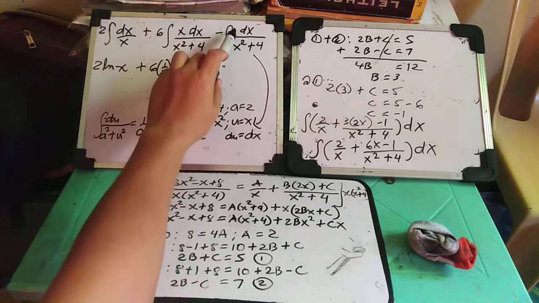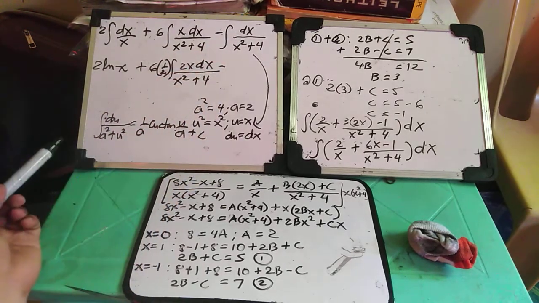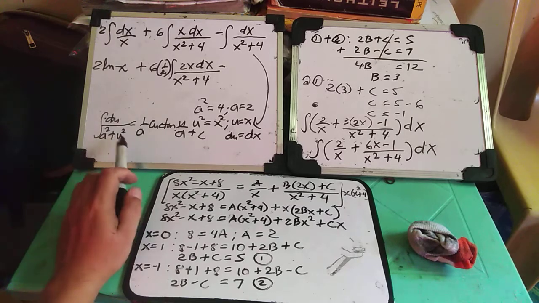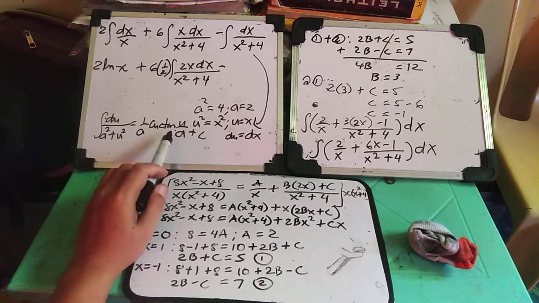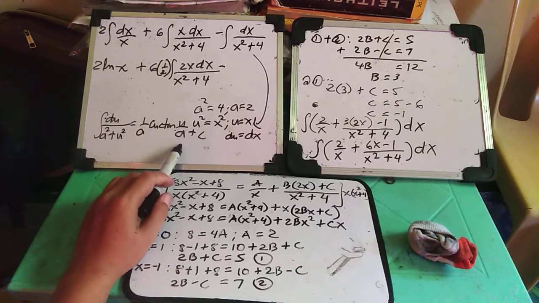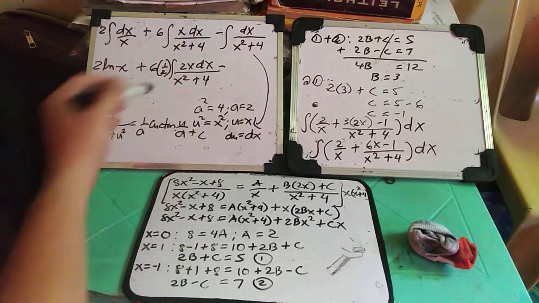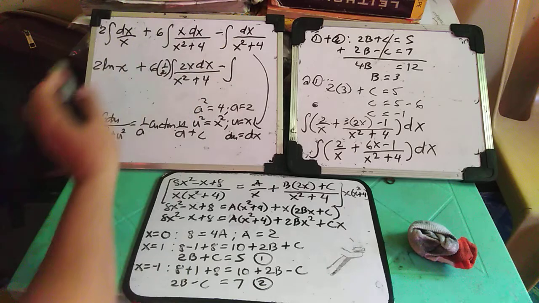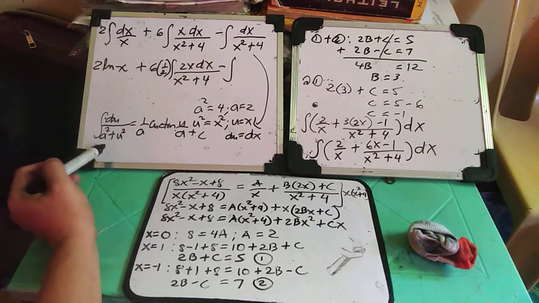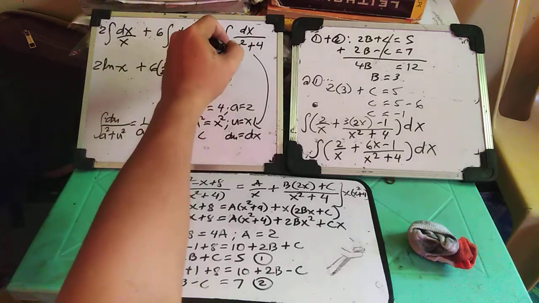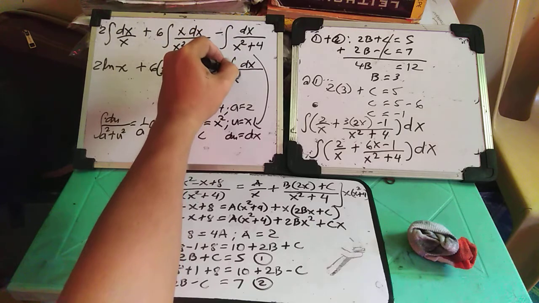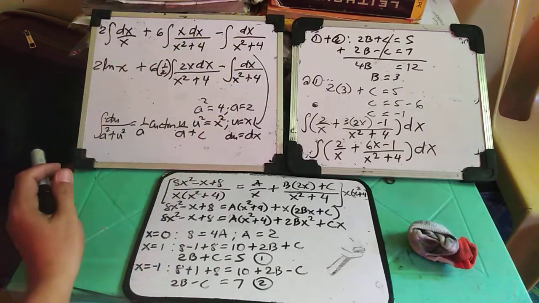Then upon integration, we have 2 ln x plus 6. u is x squared plus 4, du is 2x dx, so the balancing factor is 1/2.